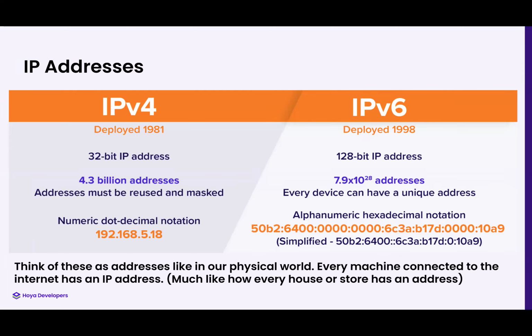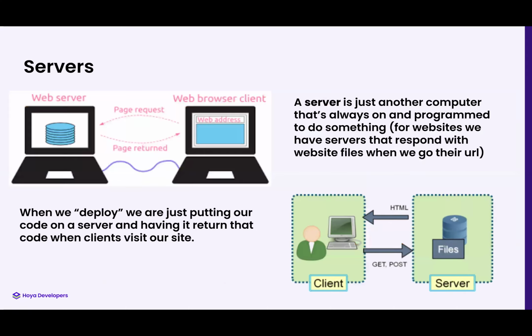These are just what they look like. If you ever take a networking class, you'll dive into what's important about them. We'll also go into servers now, and then we'll combine the two in a second.